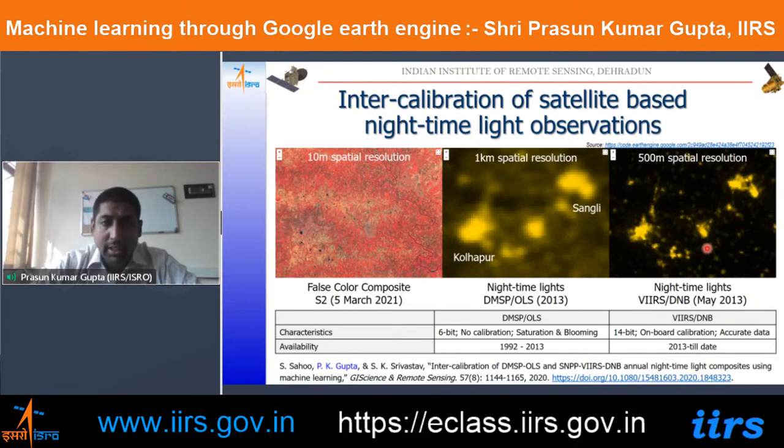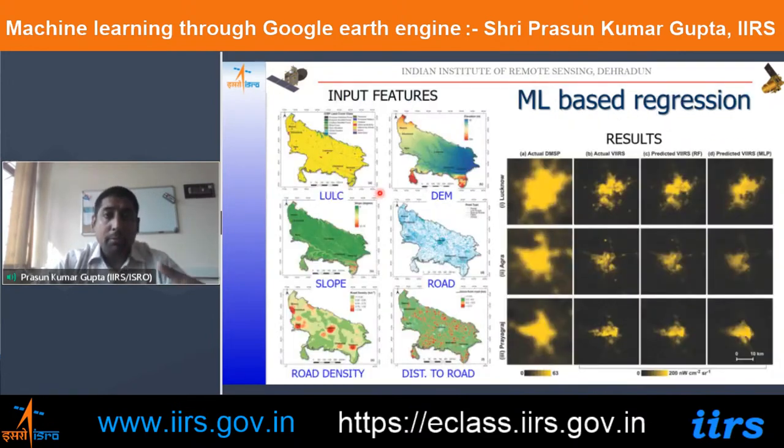And we used a lot of what you call input features in machine learning, but these features were created using remote sensing and other data sets like land use, land cover, digital elevation models, slope, road network. This is from the OpenStreetMap data, road density, distance to road.